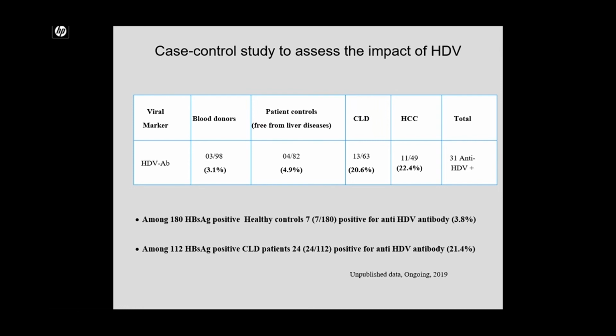Another study which I'm involved with is a case control study to assess the impact of hepatitis delta virus. Here I can just go to the summary part. From controls, around 180 healthy controls, positivity for anti-hepatitis D virus was 3.8. But for patients with chronic liver disease who have cancer, the level is really high.